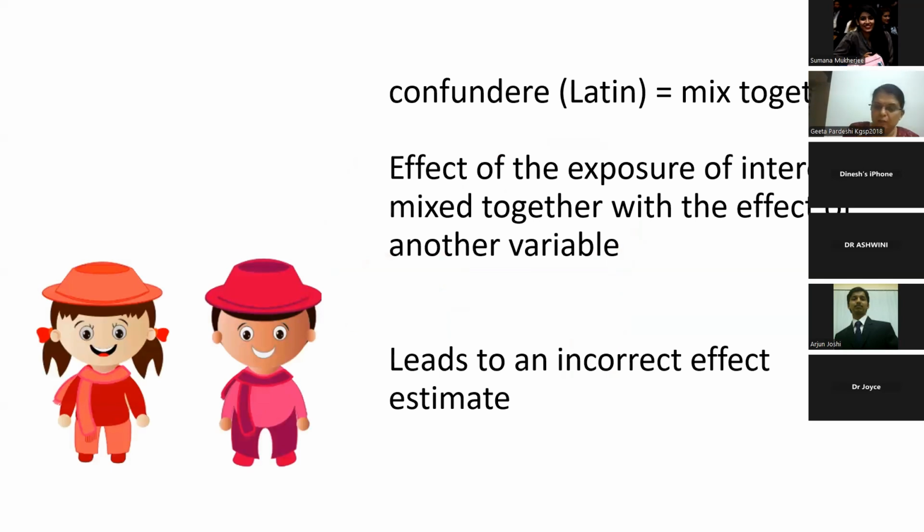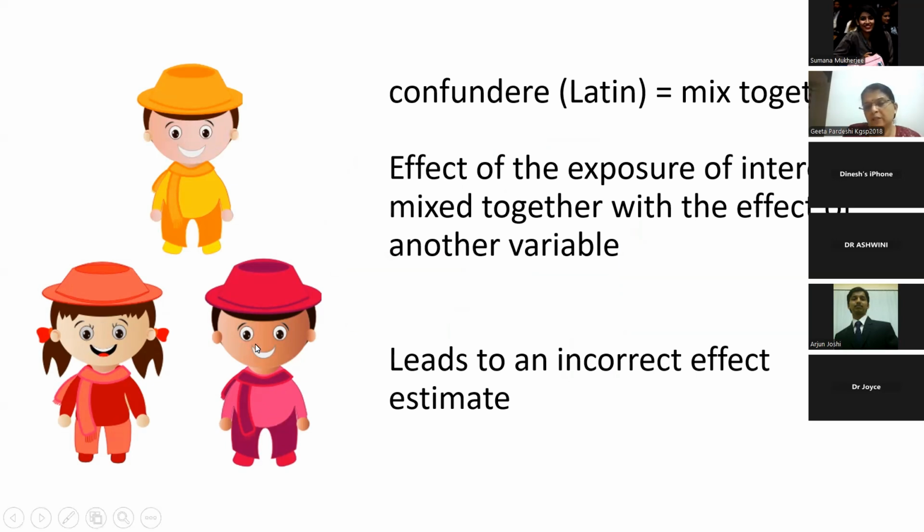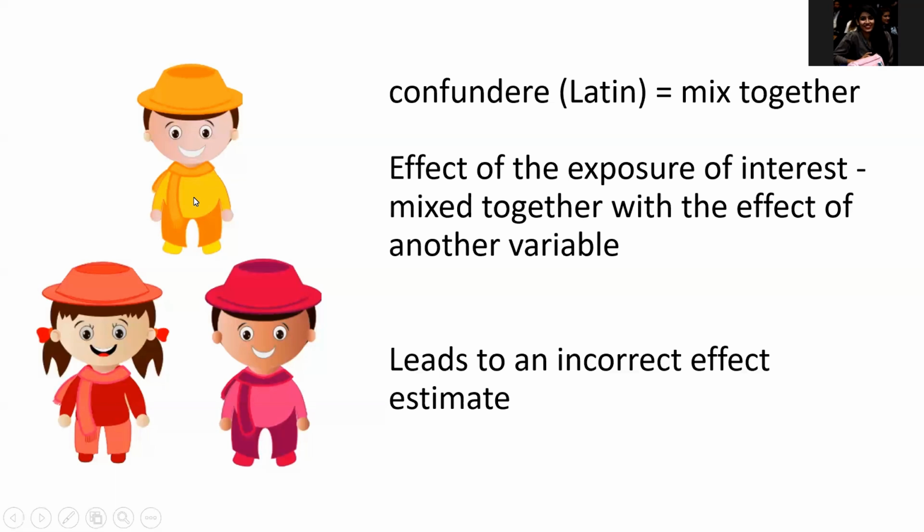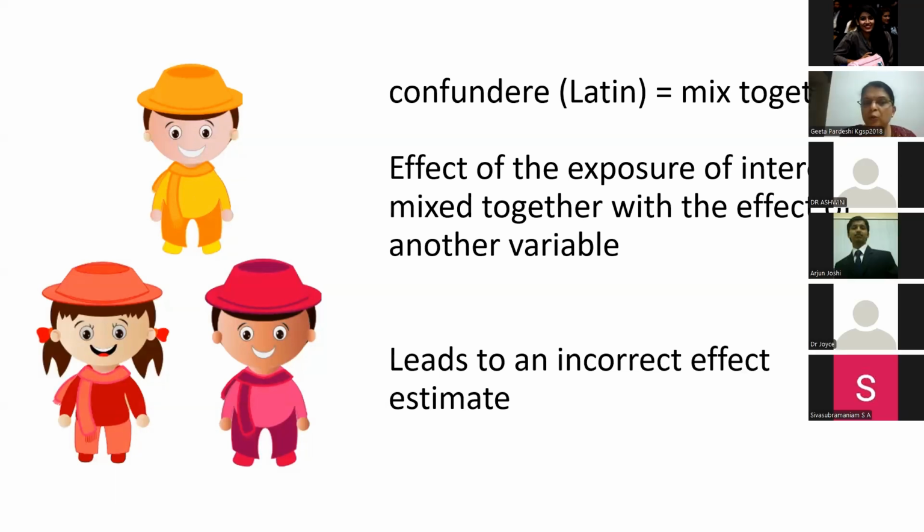So you feel, okay, these two individuals are associated with each other, but there is a third individual who is a friend of this person, and these two individuals are frequently observed because of that. There is an association, but there are other associations which are mixing up the effects, and this leads to an incorrect effect estimate.